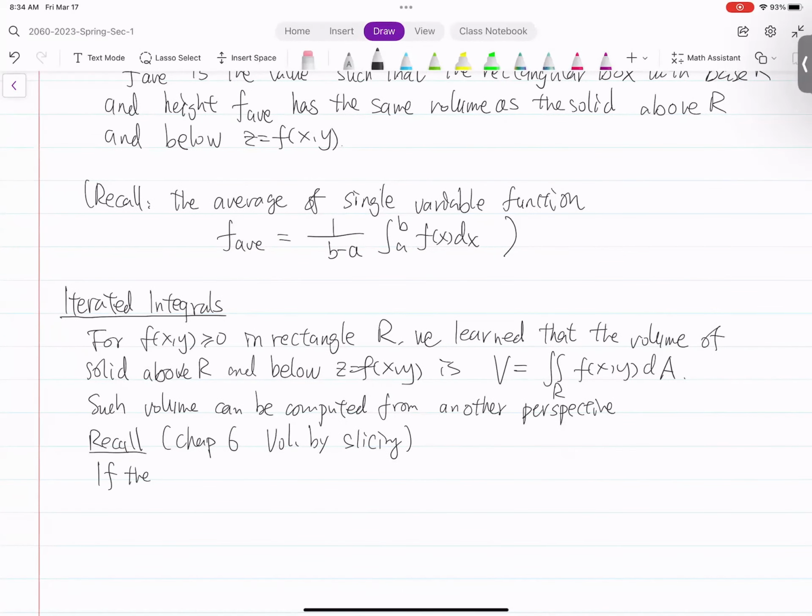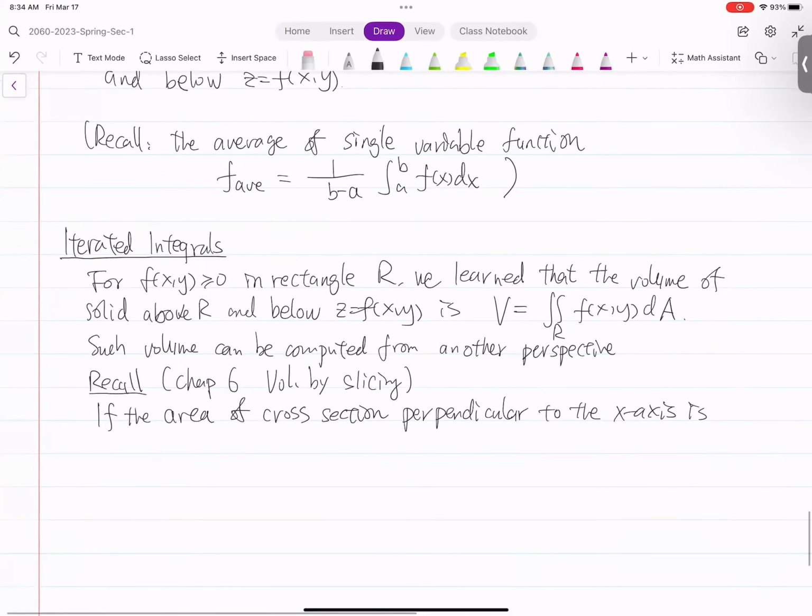If the area of the cross section perpendicular to the x-axis is A of x for a solid, then the volume is going to be the integral of this A of x dx.